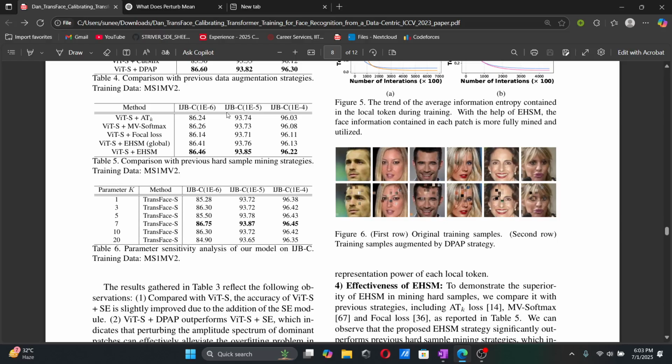So when my model looks more at the eye, what does my SE model do? It helps the model improve, right? So it gives more weightage to the eye patch. So we take that as an advantage, and we disturb it. So yeah, that's what is happening.